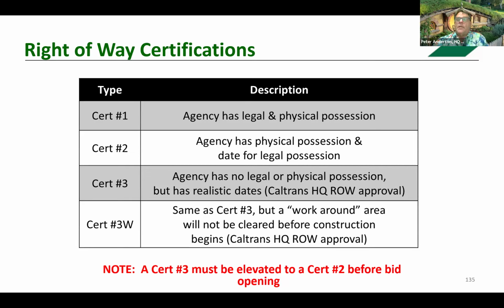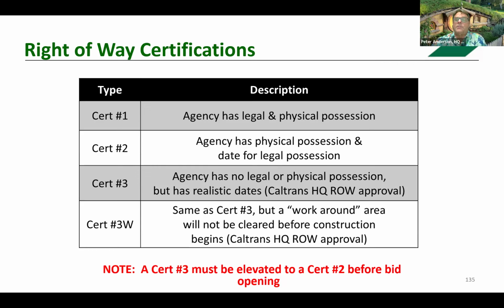The right-of-way certification also documents that right-of-way activities, including the relocation of any displaced persons, are conducted in accordance with applicable state and federal laws and regulations.